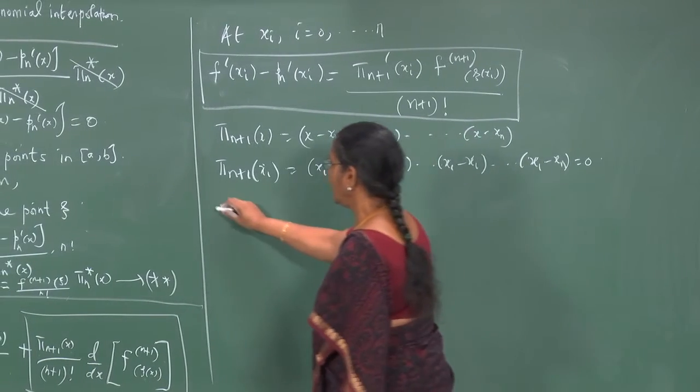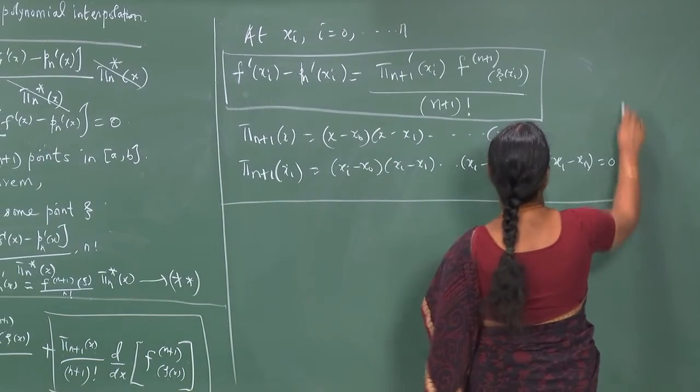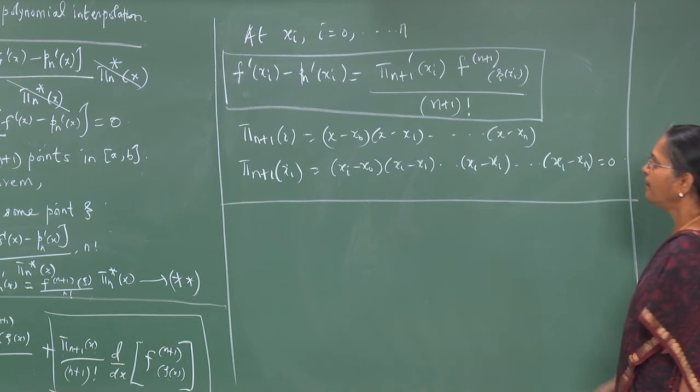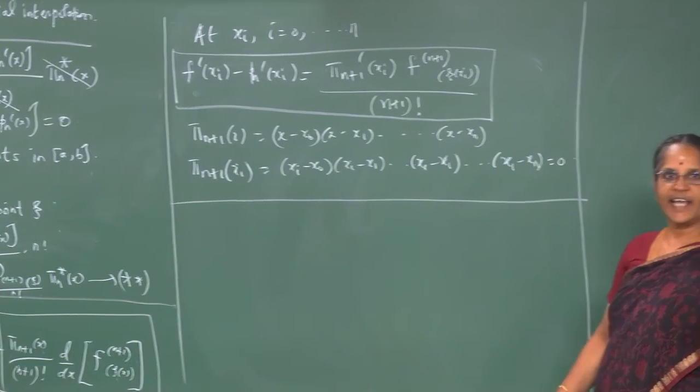So, let us illustrate this by means of, say, a quadratic interpolation polynomial and obtain what this error is.